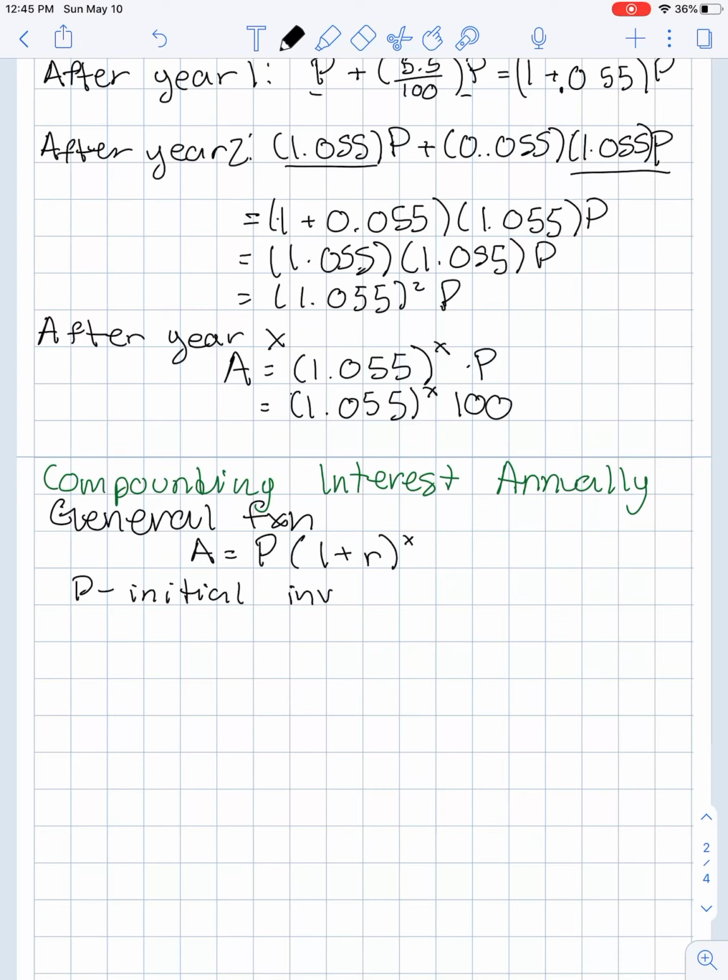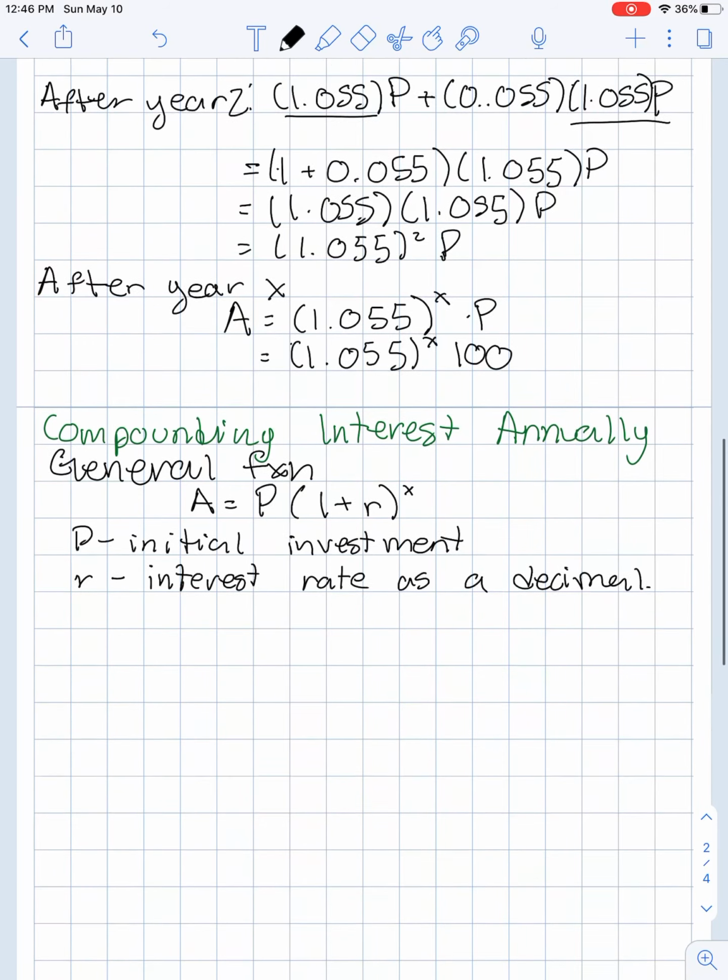So P is our initial investment. R is your interest rate as a decimal. So as you can see, hopefully, interest is going to make our account grow. That would be kind of silly if the bank charged us money.